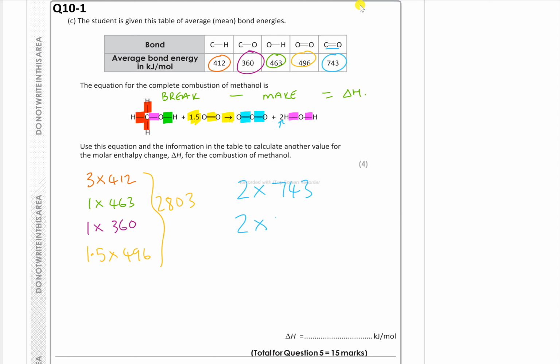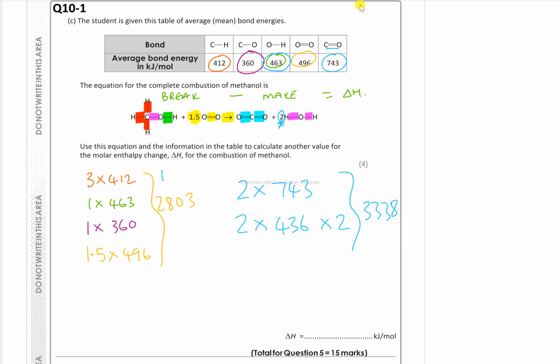What is OH? They've given it as 463, right? But we've got two lots of that here. Can you see that 2 there? We've got to be careful. So we have to multiply everything by 2. And when you do that, you should get 3338.